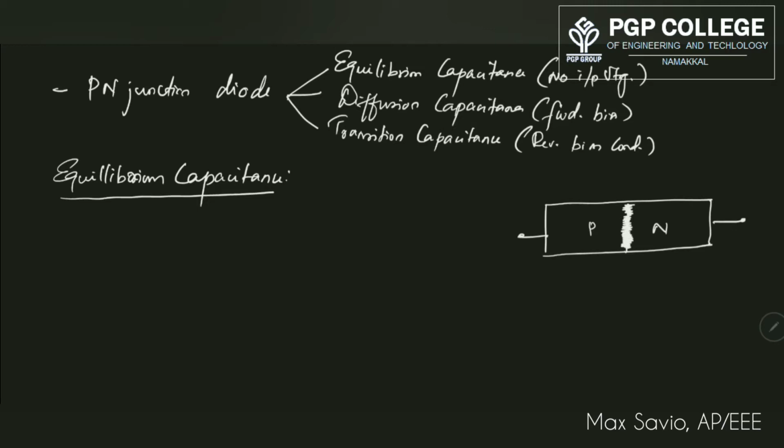There are some charges: the majority carriers, holes, which are positive charges, are present in the p-type, and the negative charges are present in the n-type. Let me take the charges as q minus and q plus. The free holes can accept electrons, so this is an acceptor side, and the n-type has too many electrons which can donate. So this is an acceptor region, and this is a donating region.